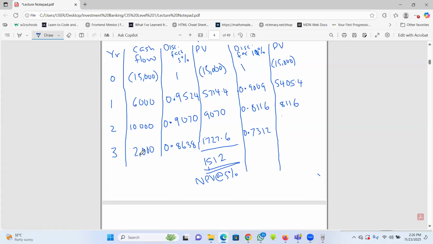And this final one, 2,000 by this value here, is 1452.6.